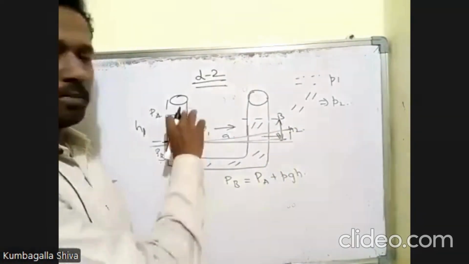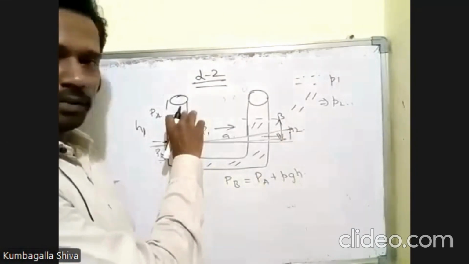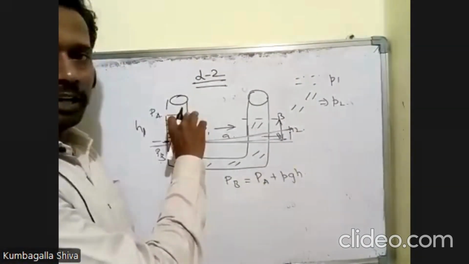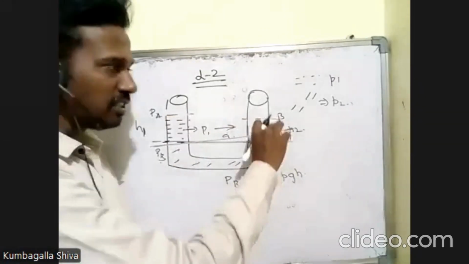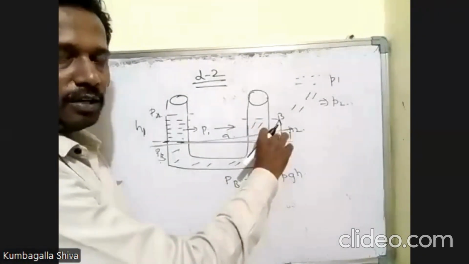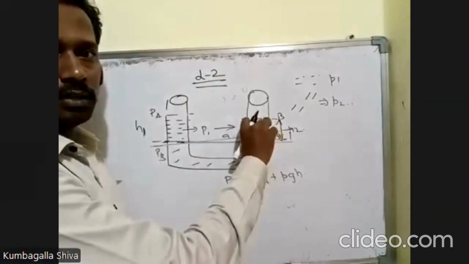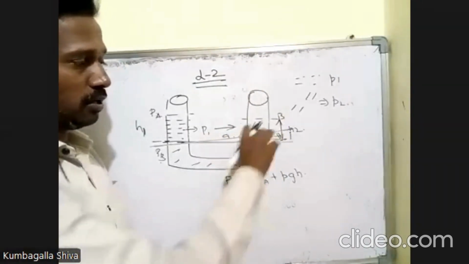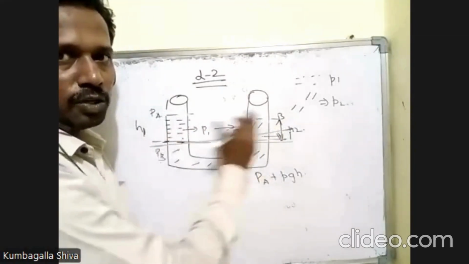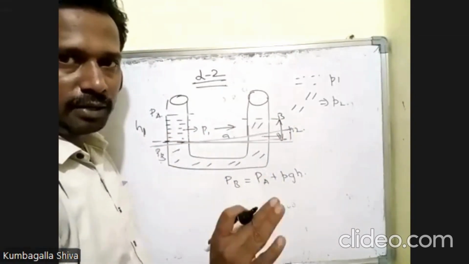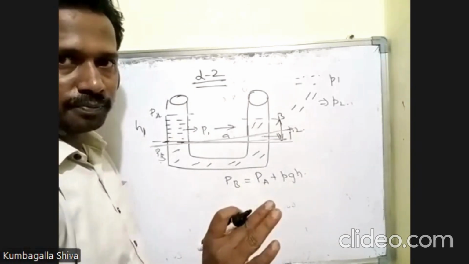The liquid column of density one has a greater height, and here the column of the second liquid has a low height. That means pressure always flows from high pressure to low pressure. Am I clear?